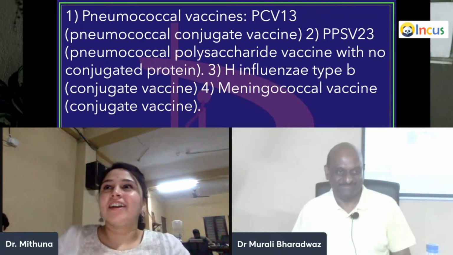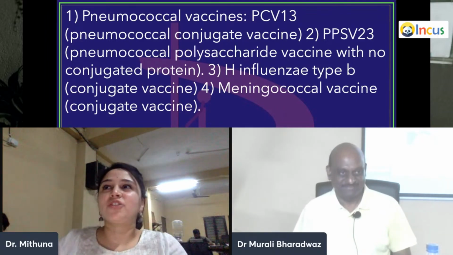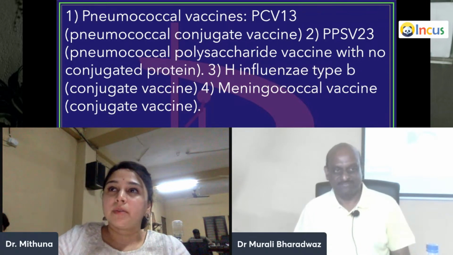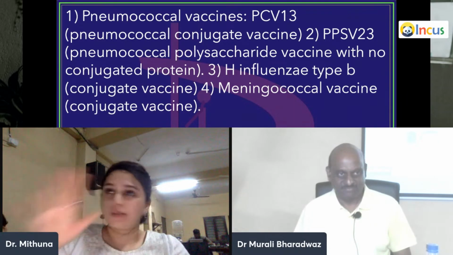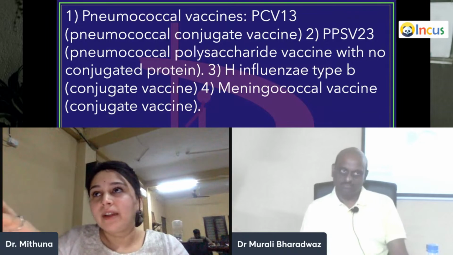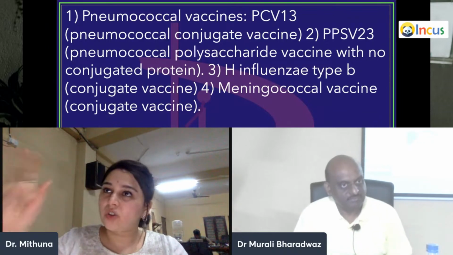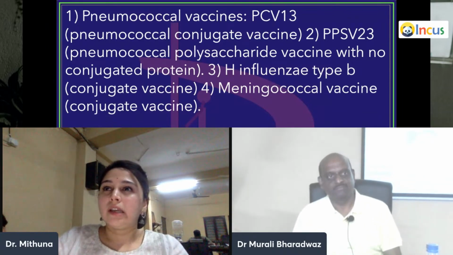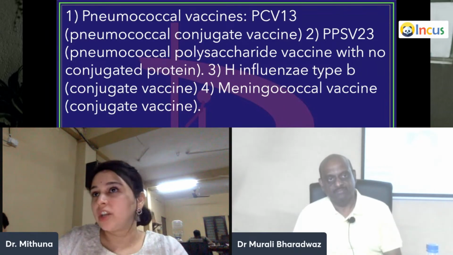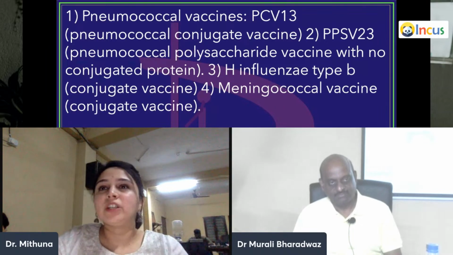PP is polysaccharide, so pneumococcal polysaccharide vaccine is 23, and the conjugate one is 13. In the polysaccharide vaccine, there is no conjugate protein. And then you have H influenzae type B, which is a conjugate vaccine. Again, you have the meningococcal vaccine, which is a conjugate vaccine. The only different thing here is the pneumococcal polysaccharide vaccine without the conjugate protein, which is PPSV23.